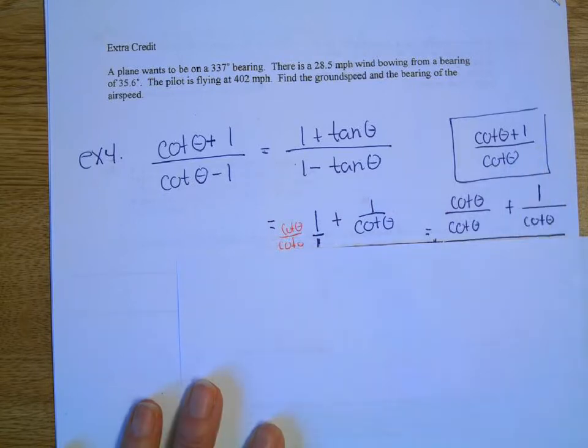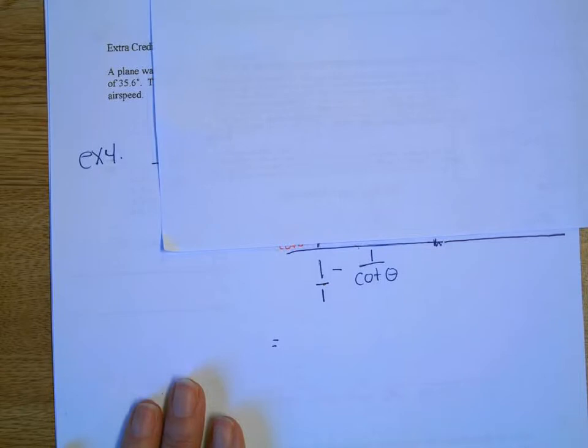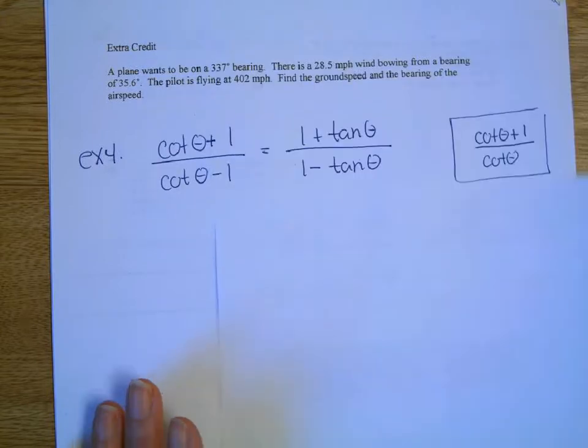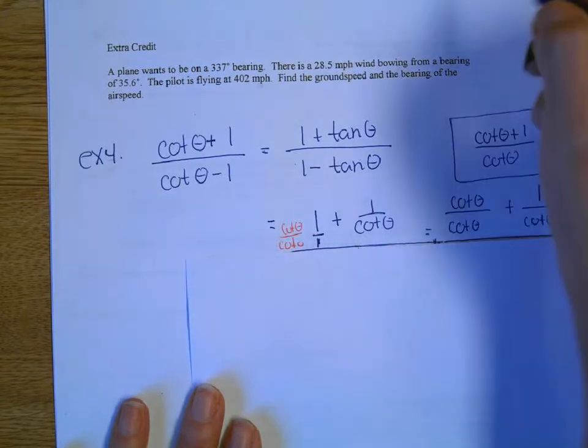Okay, now I'm going to pretend I don't even have that top. Oh, there we go, I got a bottom. So the total top is cotangent plus 1 over cotangent. Why wouldn't it be the other way around? Stop for a second.